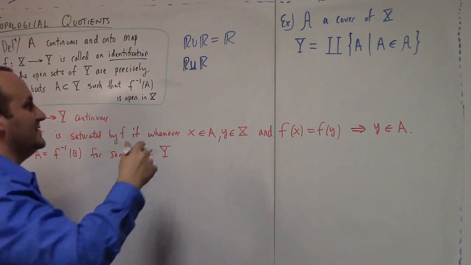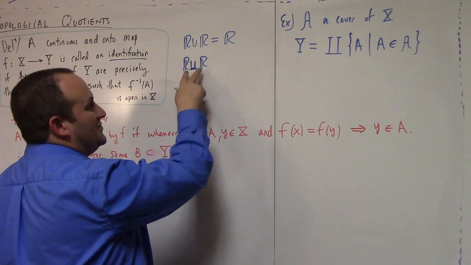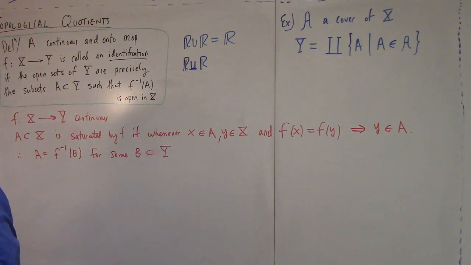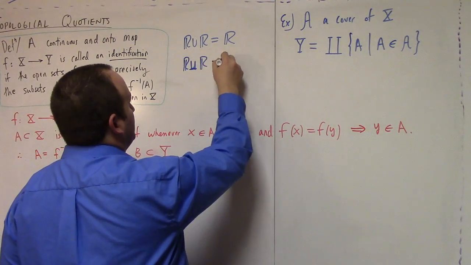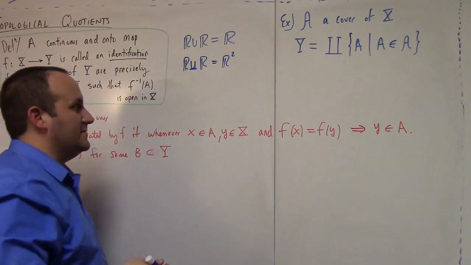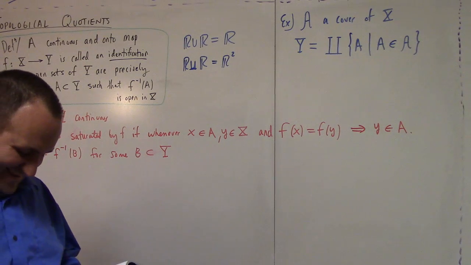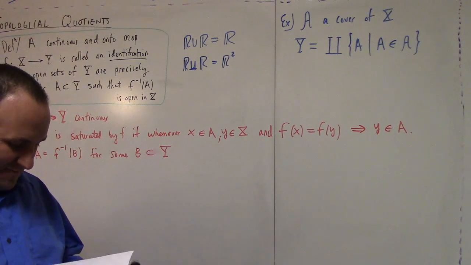It's a new thing which has 2 copies of R in it which are not the same. So it's basically R2, I think. I don't know what else it would mean.